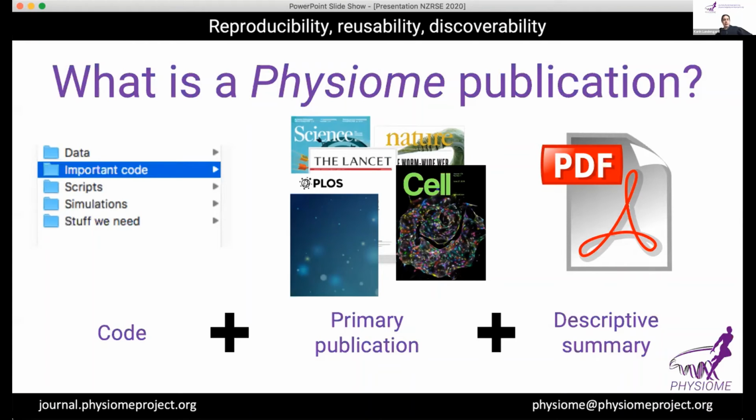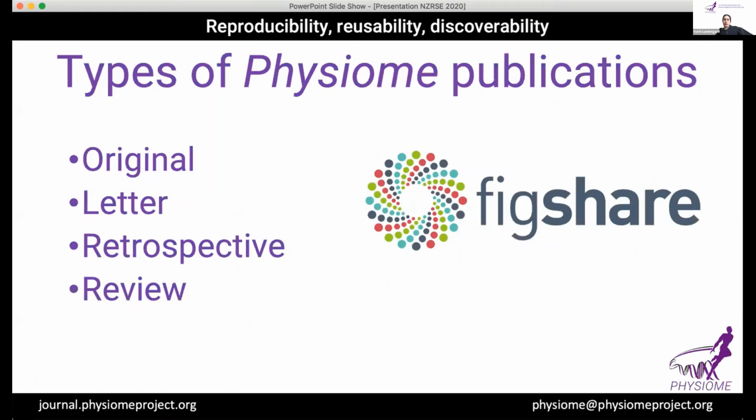And that's where the scientific validity and the validation of the model and the mathematics are presented, and then we publish the code. And then there's also a manuscript, which is a descriptive summary of how to run the model and what code is included.